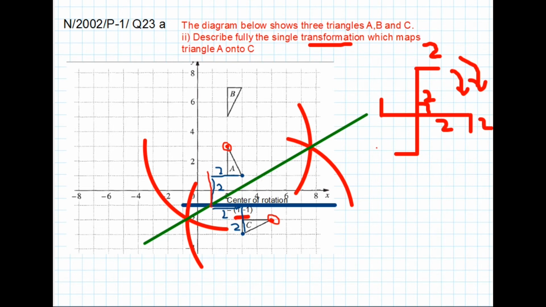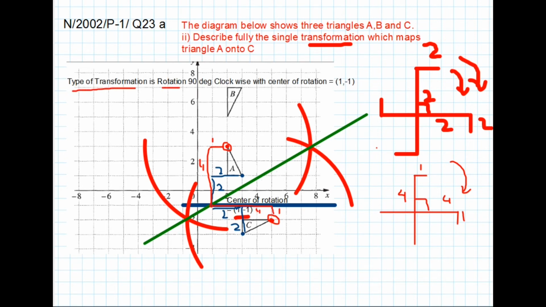The distance from the center (1, -1) to the vertex of triangle A is 4 blocks up and 1 block right. Plotting on the plus sign and rotating it 90 degrees clockwise, we get its corresponding vertex of triangle C as 4 blocks right and 1 block down. So the type of transformation is rotation 90 degrees clockwise with the center of rotation (1, -1).